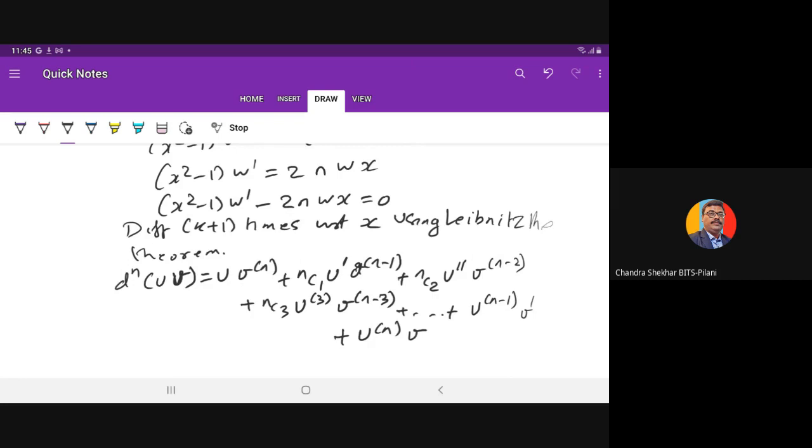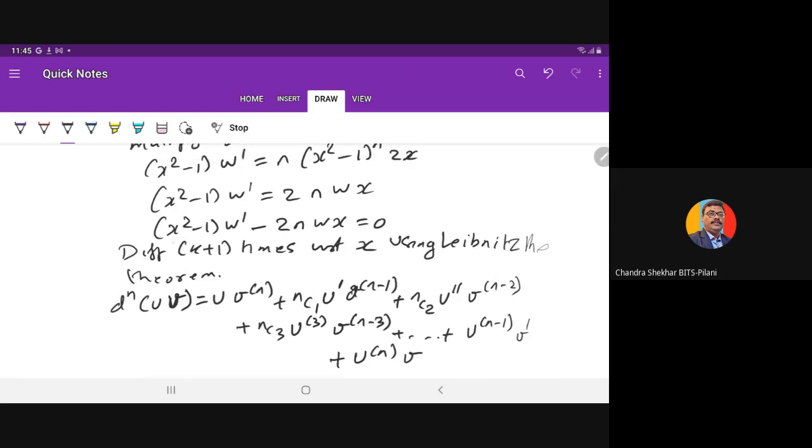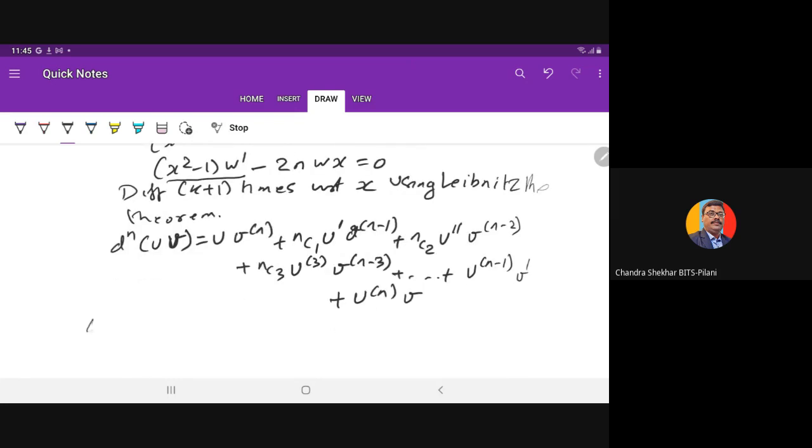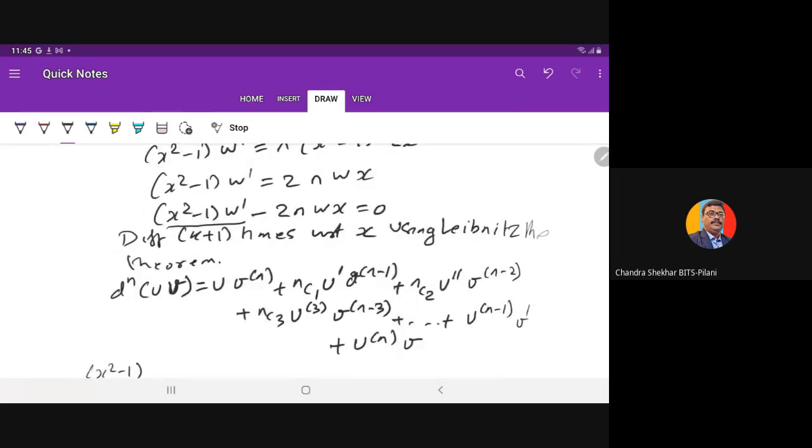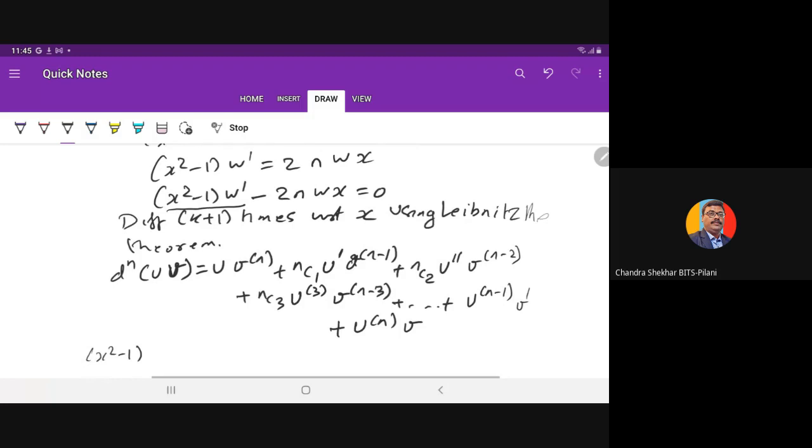Now we have to take the k plus 1th derivative of this. So x square minus 1, and the kth derivative of w dash will become w to power k plus 2, since one derivative is already there.